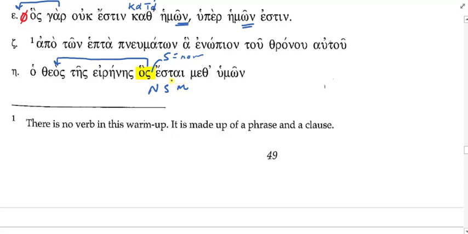Close. It is a form of eimi, but it's not present. And it's not past. Yes, it's future. Who will be? I think because he expects that you've seen this enough times in your homework, is my guess. I'm not sure he's actually ever given it to us as a vocab word. He might have. But who will be? Meth' humon. What is the basic form of this preposition? Meta.